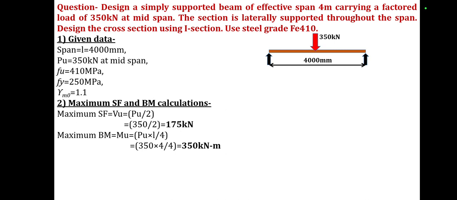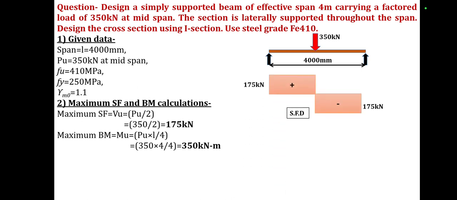So shear force will be W by 2, and the maximum bending moment Mu equals Pu, that is ultimate load, into L divided by 4, which is nothing but WL by 4, and it is equal to 350 kN-m.